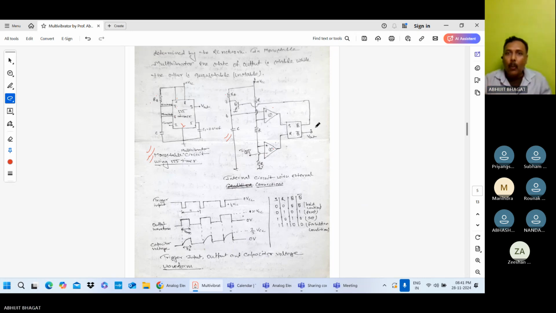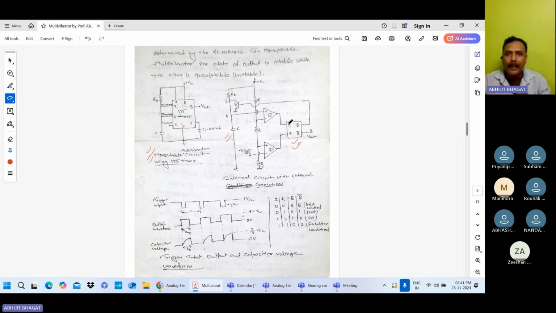One flip-flop is there. Flip-flops are basically registers, used for storing the signal or for some operation.